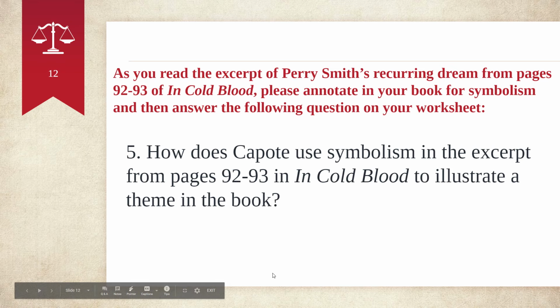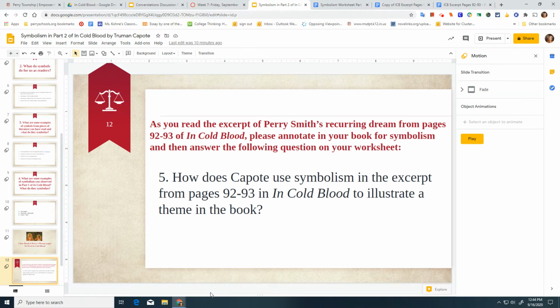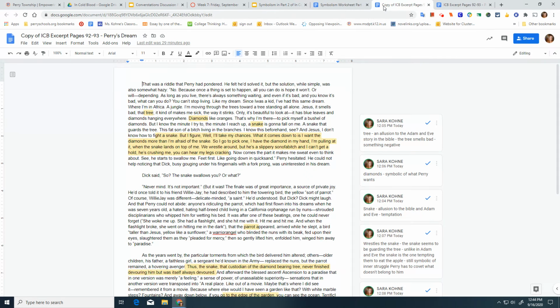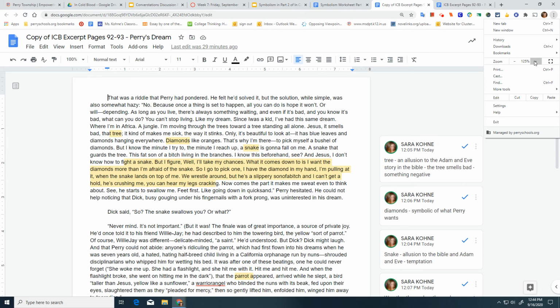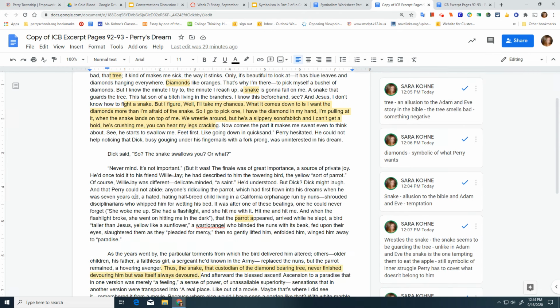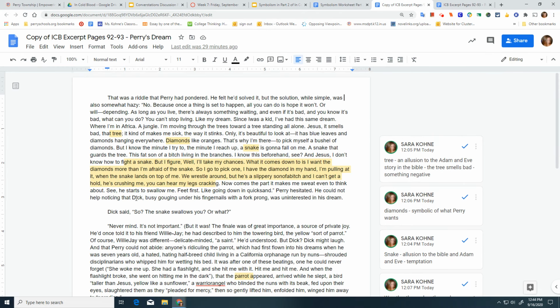Okay? All right. So we are going to do a close read of this. Let me make this just a little bit bigger. And I'm going to show you how I might mark up the text on pages 92 and 93, particularly Perry's Dream. Okay?